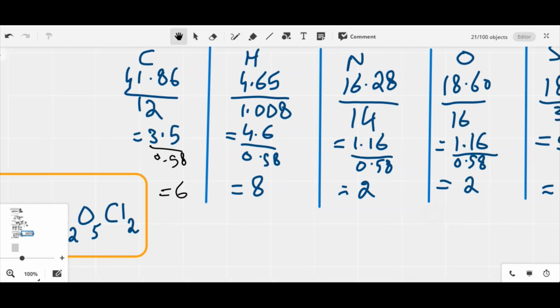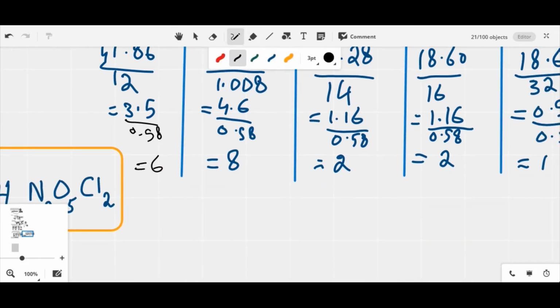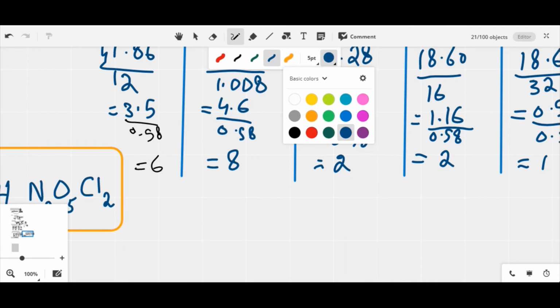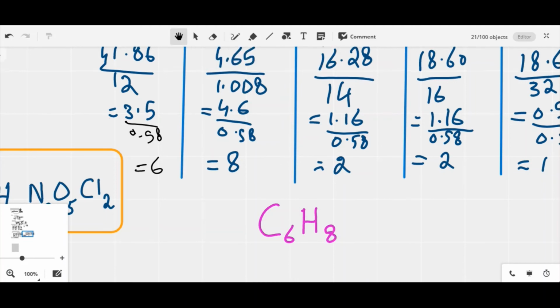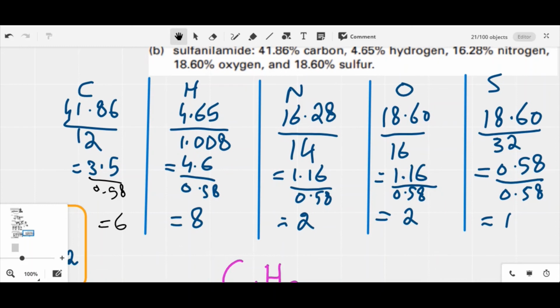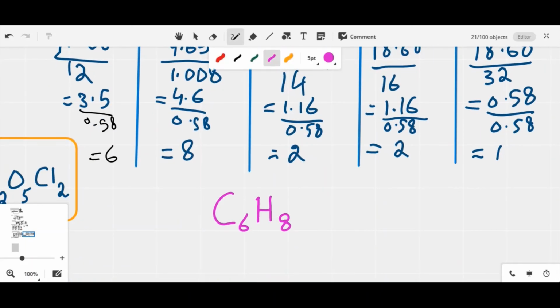So it means the empirical formula would be C6H8N2O2S.